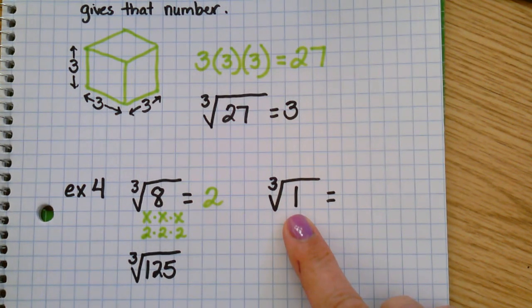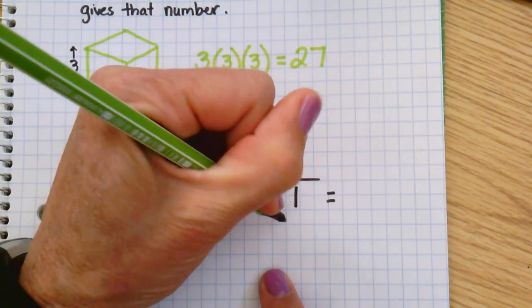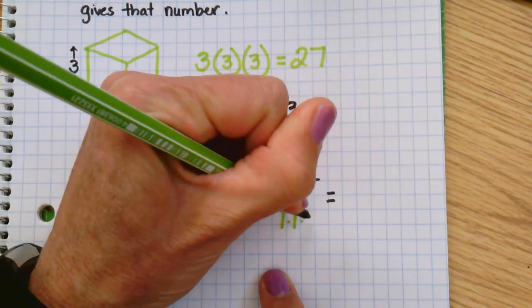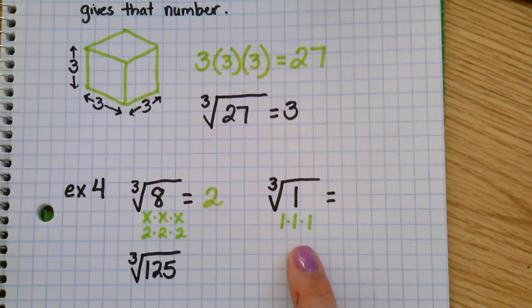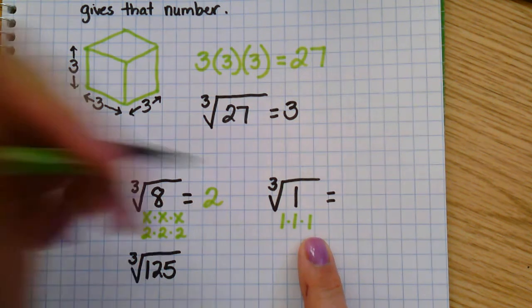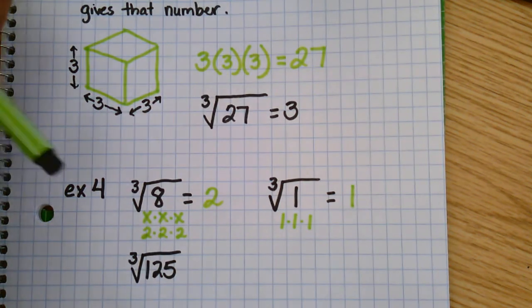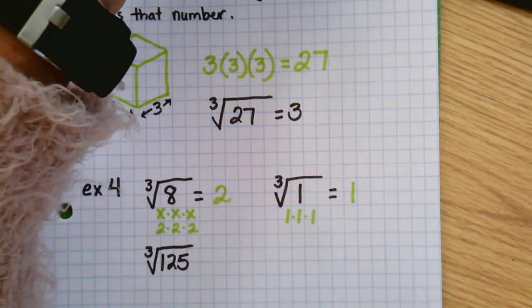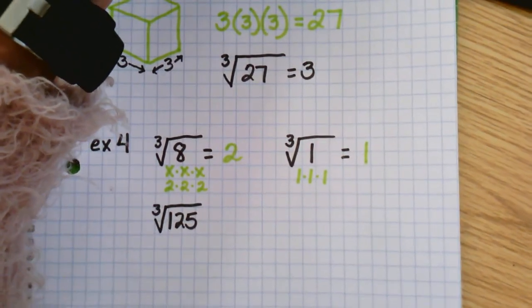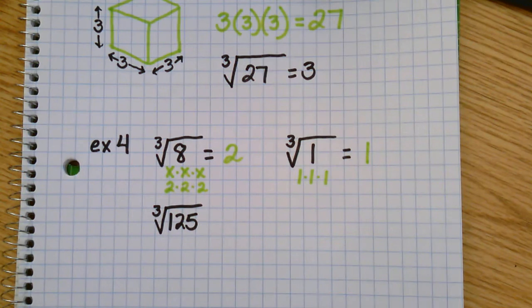Okay. What number times itself 3 times equals 1? So 1 times 1 is 1, and times 1 again equals 1, so the cube root of 1 is 1. Okay. Last one, cube root of 125.